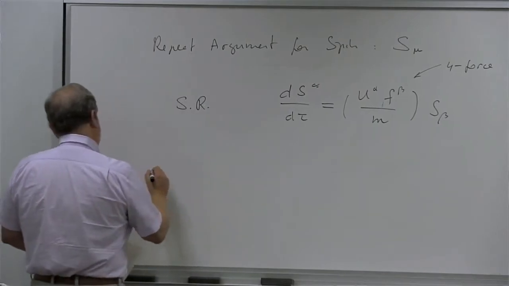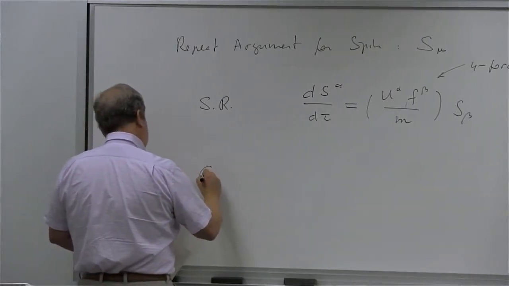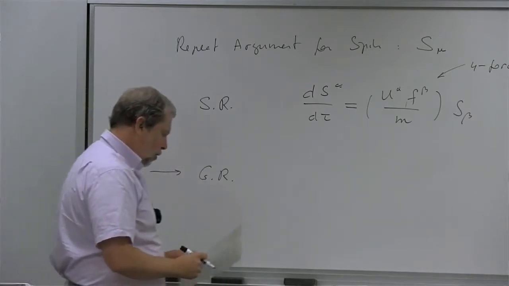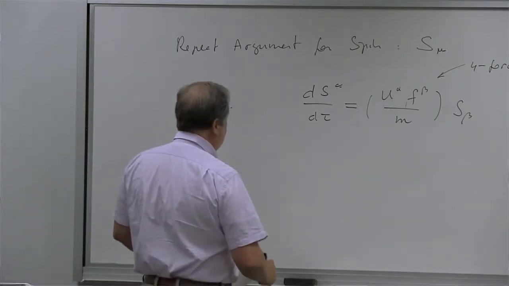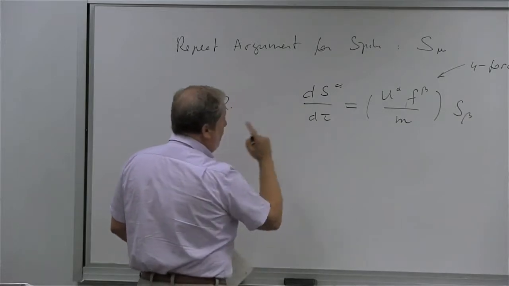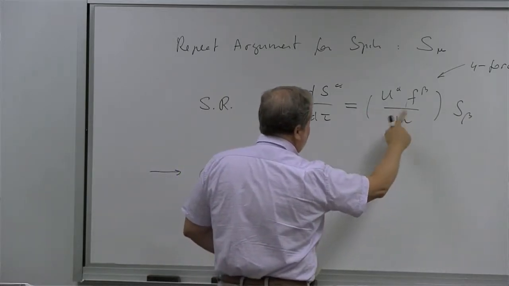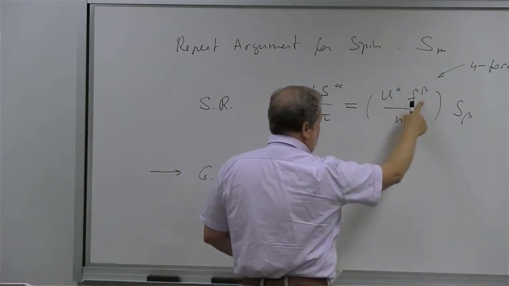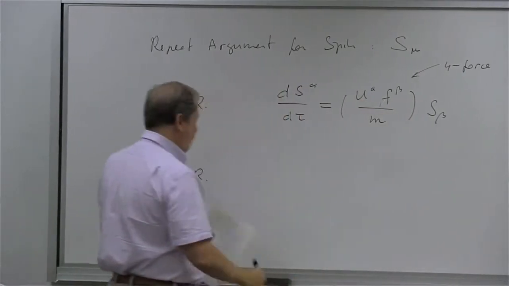And so we want to promote this to general relativity. And to promote this to general relativity, we have to change things a little bit, because this has to become a covariant derivative. And on this side, we have to have, of course, the 4-velocity u mu, the f mu, and the spin.